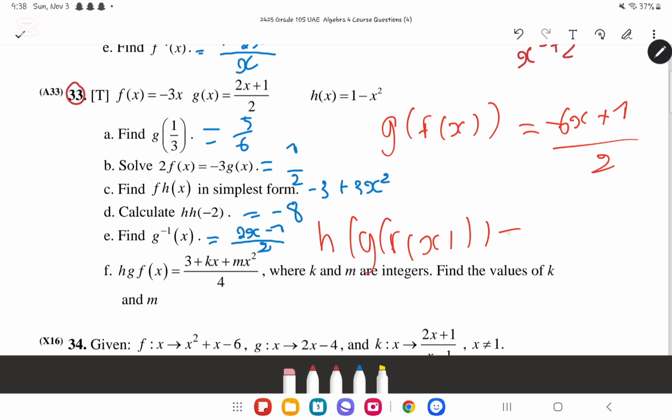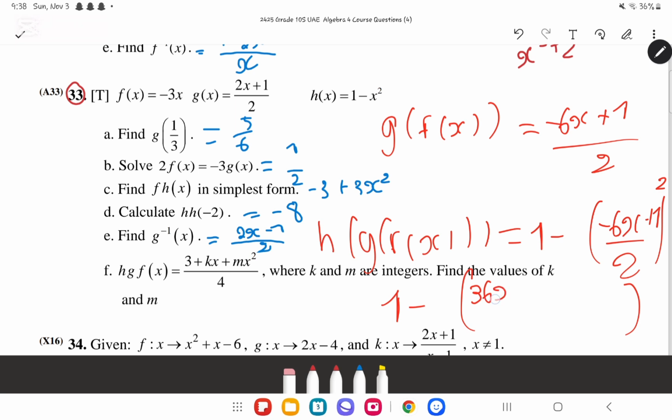It is equal to 1 minus 6x plus 1 over 2, squared. So it becomes 1 minus 36x squared minus 12x plus 1 over 2. Oh no, not over 2, because we also square the 2, so over 4.